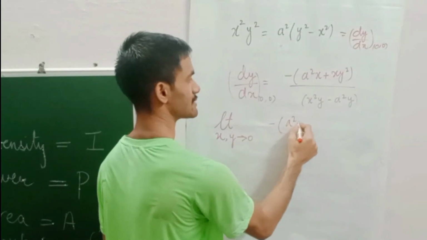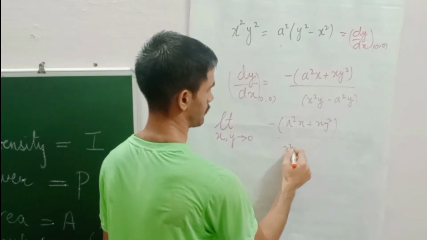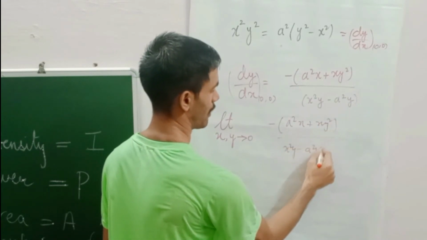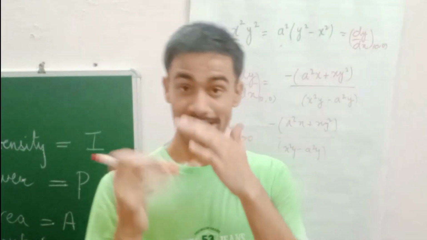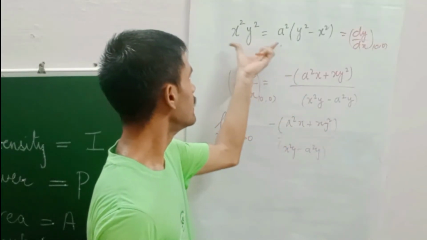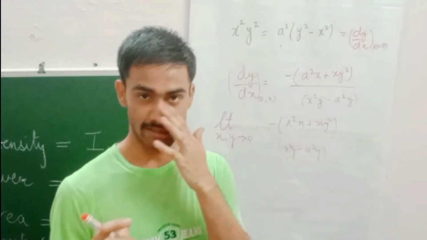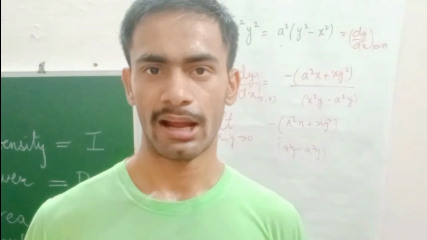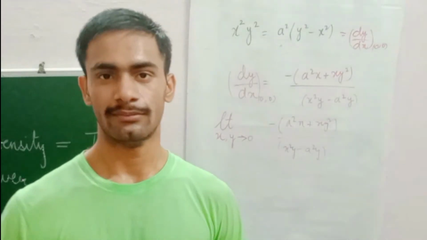So minus a square x plus x y square upon x square y minus a square y, the limit at this point. With an easier approach, you can replace this y with x, so that this double limit can change to a single one, and that's quite easier in order to get to this equation.